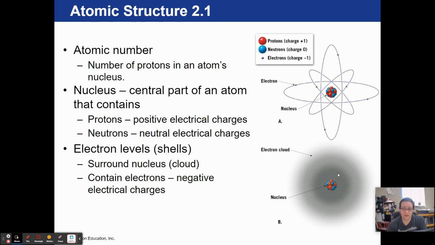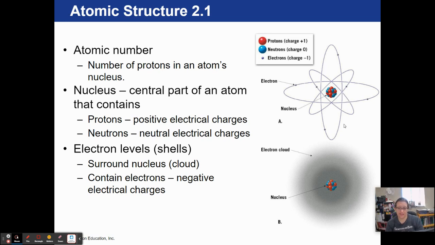And there's a couple different versions of what they think atoms look like. This one shows them having little orbit paths, which is helpful to think of it that way. There's also kind of a shell version where, if you imagine the spheres of Earth, they encompass all the way around. The little electron could be anywhere on that level of shell. Some of them use the electron cloud model.